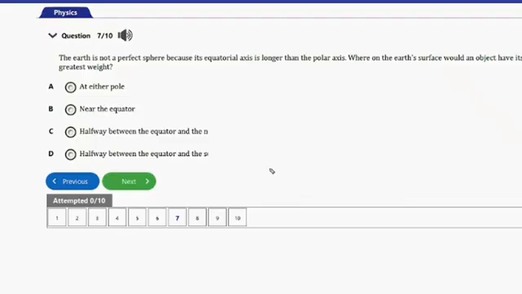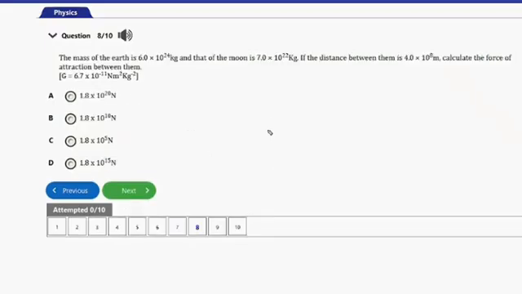So let's go ahead and consider the next question. So that's question number 8. It says, the mass of the Earth is 6.0 times 10 to the power of 24 kg, and that of the moon is 7.0 times 10 to the power of 22 kg. If the distance between them is 4.0 times 10 to the power of 8 meters, calculate the force of attraction between them.